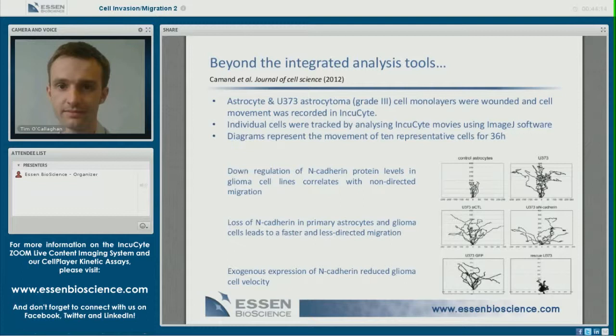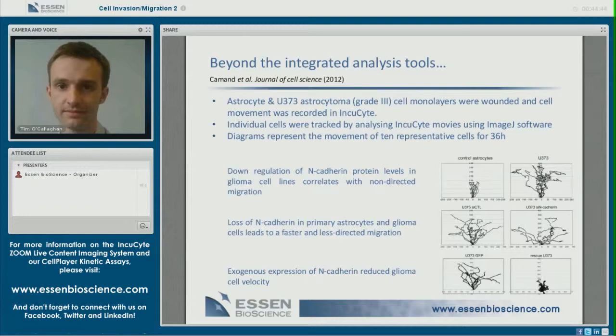And finally, IncuCyte images and movies can also be exported to allow bespoke analyses in third-party software such as ImageJ. Gommet et al. at the Institut Pasteur in France used astrocytes and U373 astrocytoma cells, and these cell monolayers were wounded and cell movement was recorded in IncuCyte.